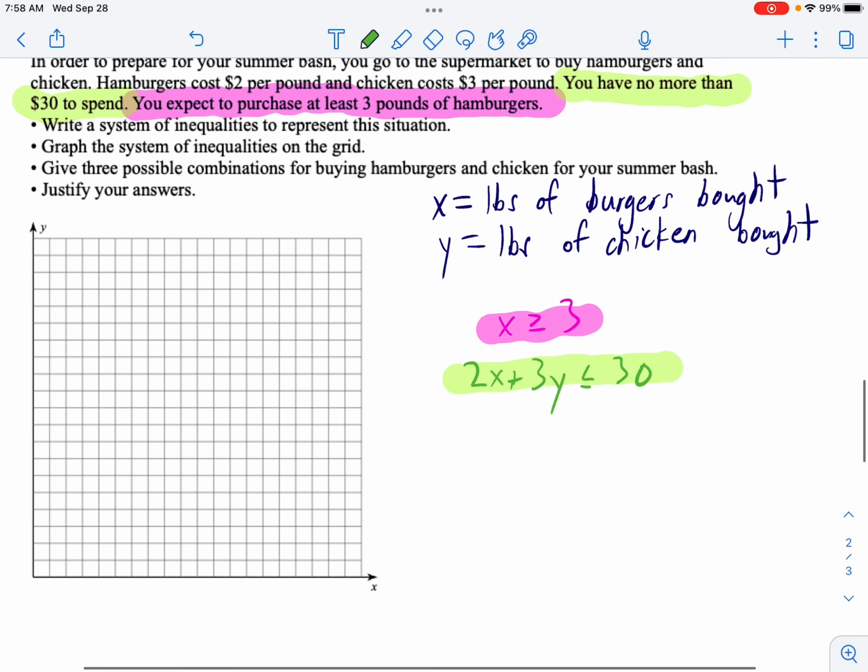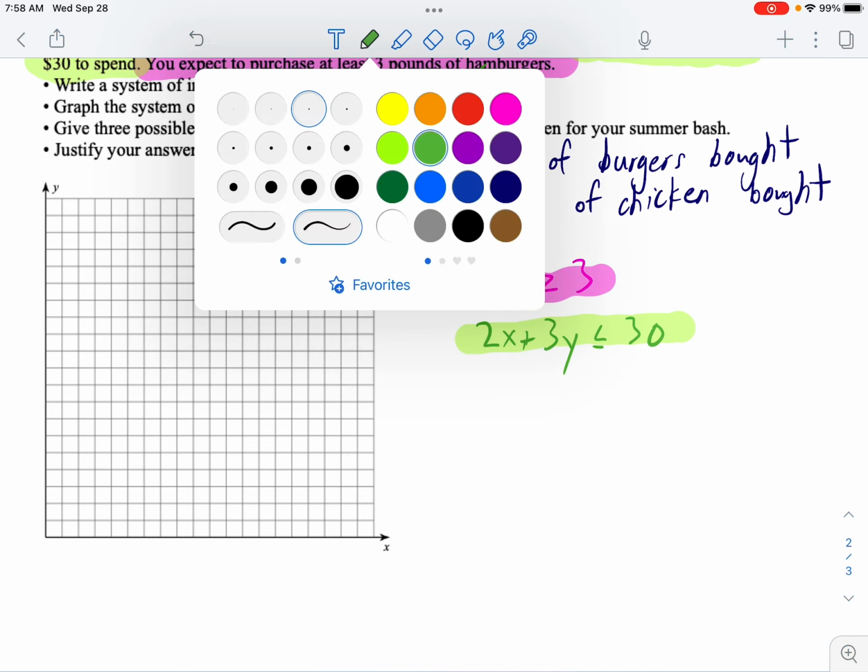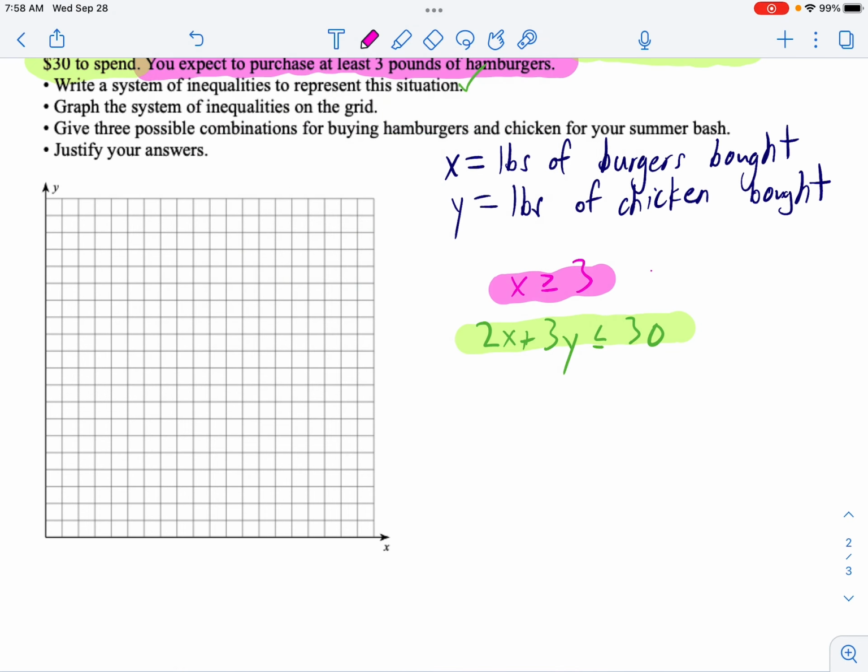So we did the first part of the problem, check. Okay, now let's graph the system on this grid, okay? So this pink inequality I'm going to graph just as if it were the line X equals 3. I'm going to use a solid line because it's a greater than or equal to symbol. So X equals 3 is right here.